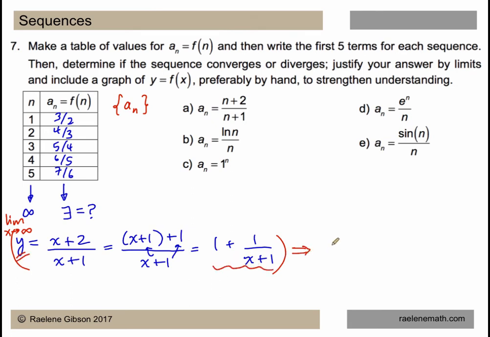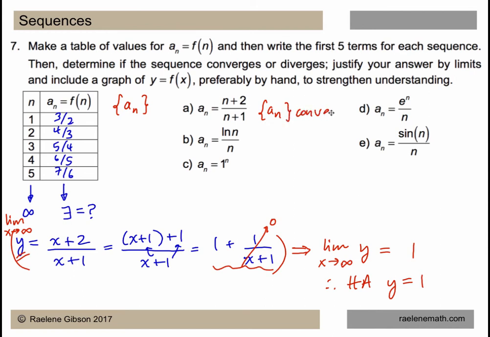We can see that the limit value, or the height that y approaches as x approaches infinity, is equal to 1 plus 0, which is 1. And therefore this function does indeed have a horizontal asymptote at y equal to 1. And as a result, the first sequence of a_n will converge.